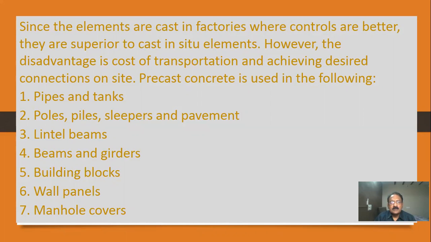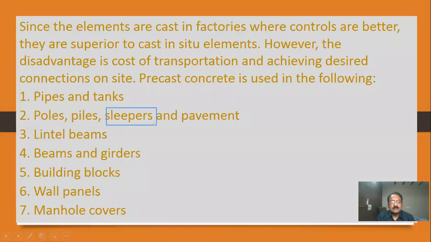These precast structures are very useful, and in the following areas we use them: pipes and tanks, poles, electrical poles, and piles. In the construction field, foundation piles and sleepers are very important, and many entrepreneurs are making these sleepers.